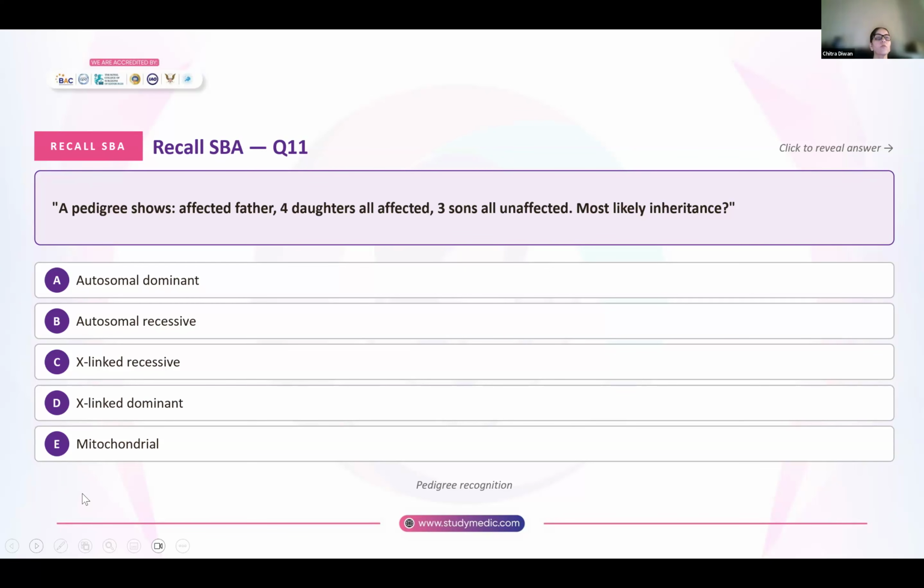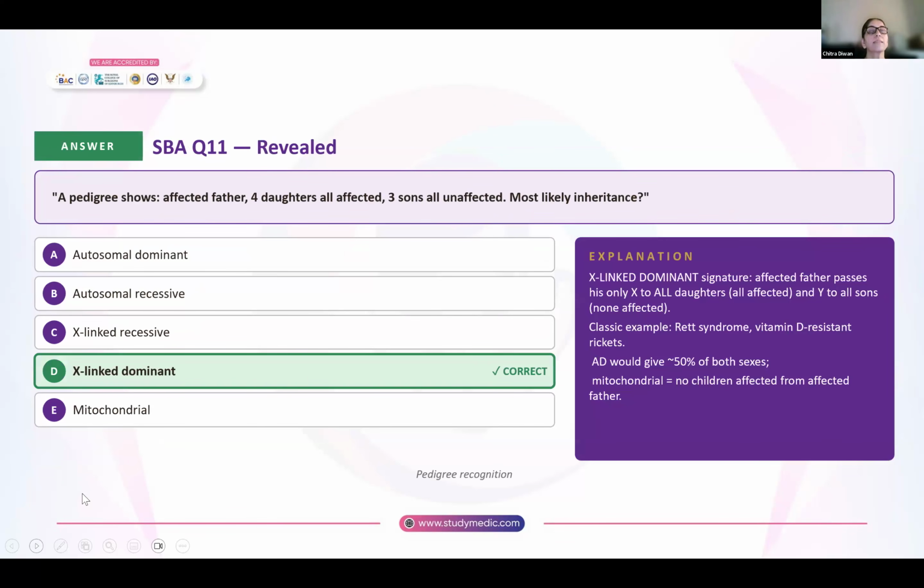And it is definitely not mitochondrial, because if it is mitochondrial, none of the children would be affected. So it is X-linked dominant, because all the daughters are going to get that affected X chromosome from the father. If it was autosomal dominant, then it would be equal distribution between males and females. The males can also be affected.